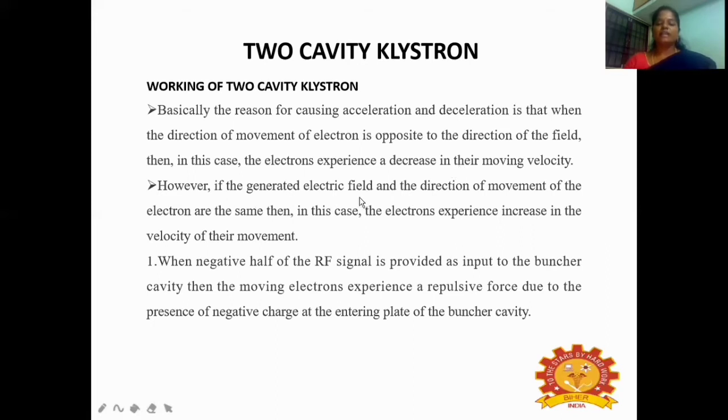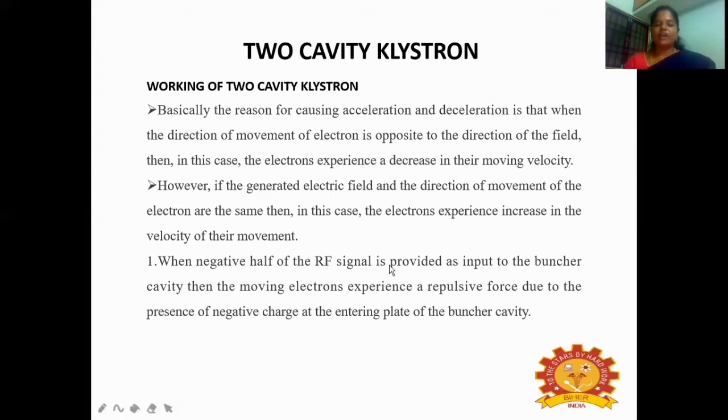But if the generated electric field and the direction of movement of the electron are the same, then the electrons experience an increase in their velocity. This decrease in moving velocity is called deceleration, and the increase in velocity is called acceleration. First, what happens when we apply the negative half of the RF signal?